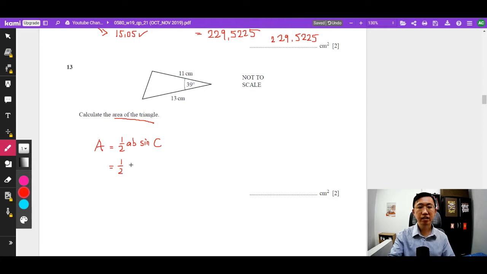Let's start. Multiply with 11, multiply with 13. Sine the angle. The angle given to you is 39 degrees. Okay, so we are going to use the calculator from here.